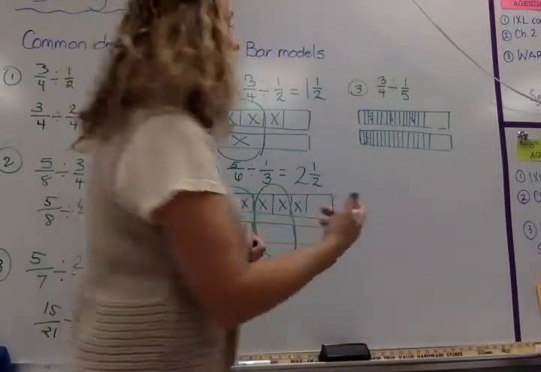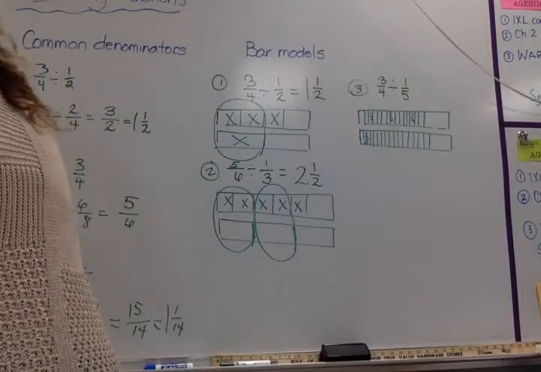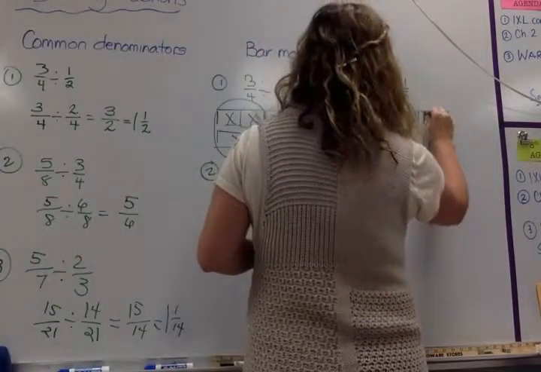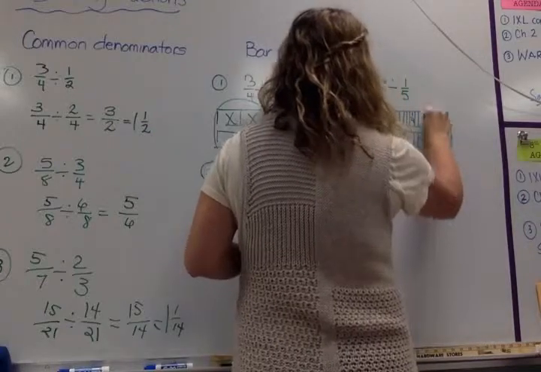As you've noticed, I've created 20ths. This line right here is the same, so it's going to be easy for me to count it.